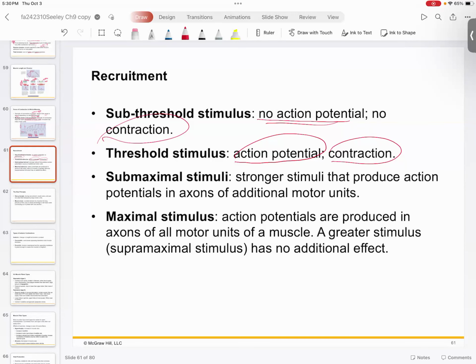Then the submaximal stimuli is a stronger stimulus, and it's producing action potentials in the axons, but it's basically recruiting more motor units, and so it's getting stronger and stronger.